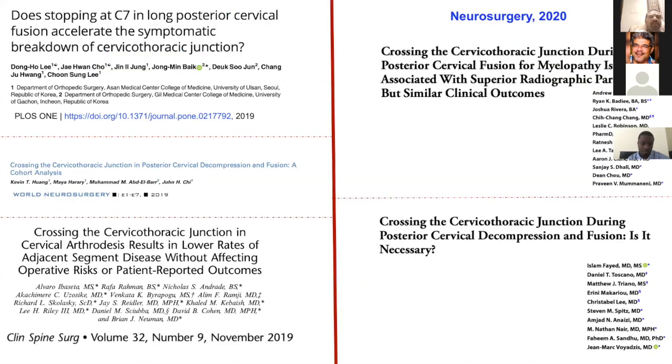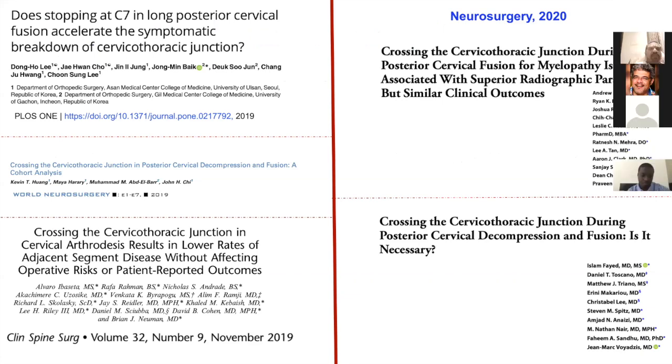I performed a PubMed review to find the papers that were not included in the previous systematic review, hoping to have reliable information from level 1 and level 2 studies. And I found 5 articles. 3 articles were published in 2019 and were not included in the previous systematic review, and 2 articles were published in 2020.